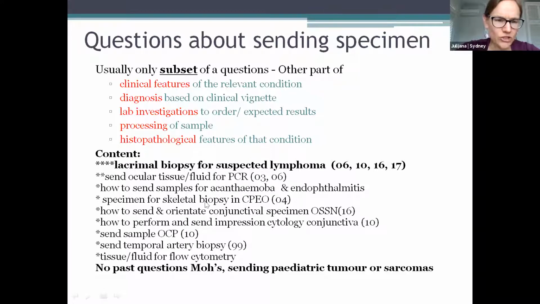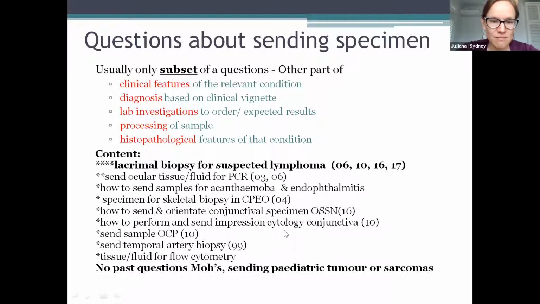There was quite an old question from 2004 about a skeletal biopsy. The other questions that came up just a few times were how to orientate and send a specimen when you're looking at OSSN and sending a conjunctival specimen.